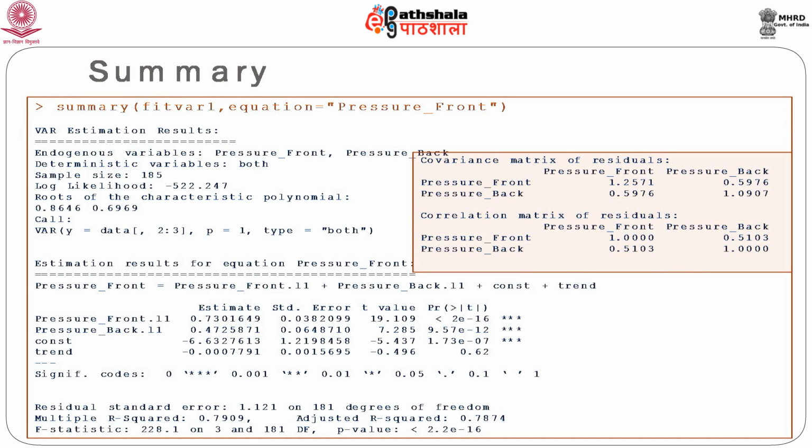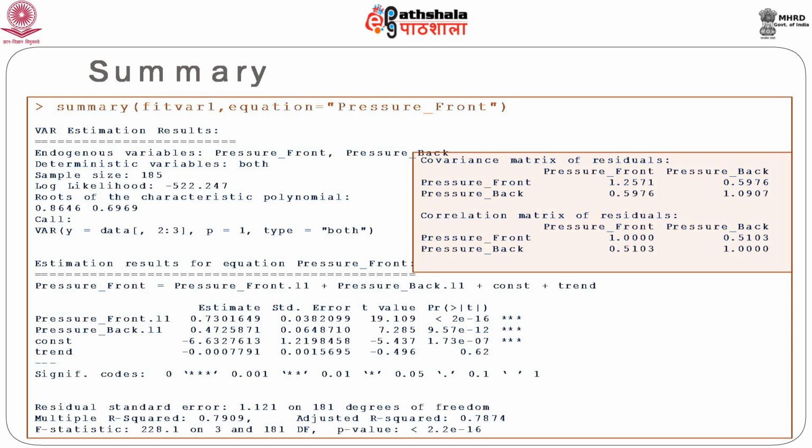You can just write summary of fit_VAR1, the object that I created for that VAR, and then write equation equals pressure_front. The equation argument means the equation corresponding to which endogenous variable.